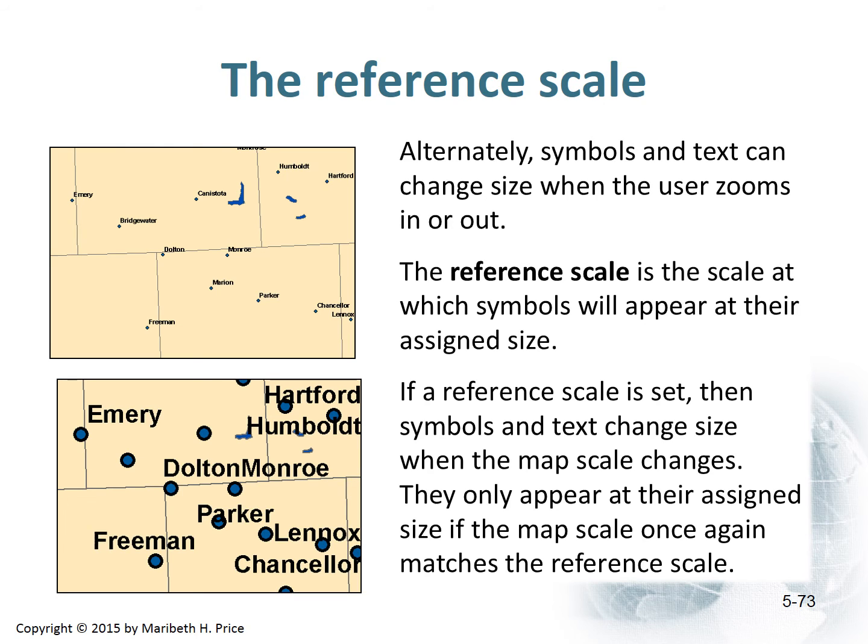Reference scale, alternatively, symbols and text can change size when the user zooms in and out. The reference scale is the scale at which symbols will appear at the assigned size. If the reference scale is set, then symbols and text change size when the map scale changes. They only appear at their assigned size if the map scale once again matches the reference scale.